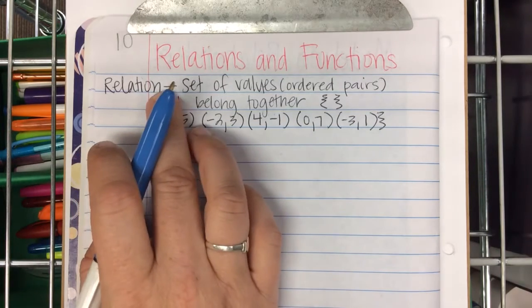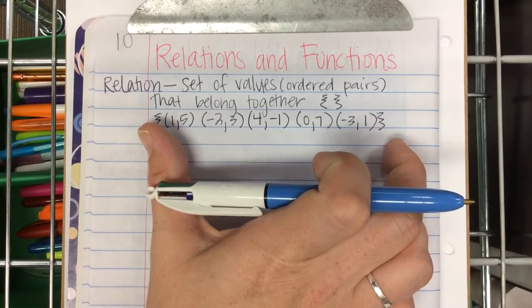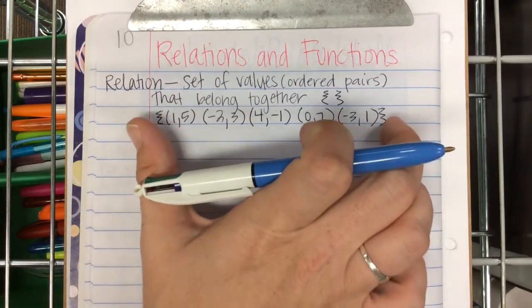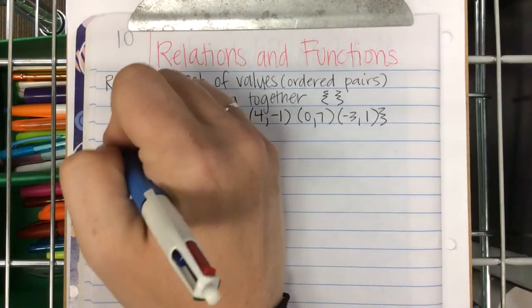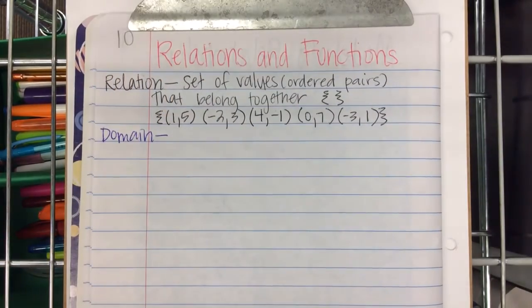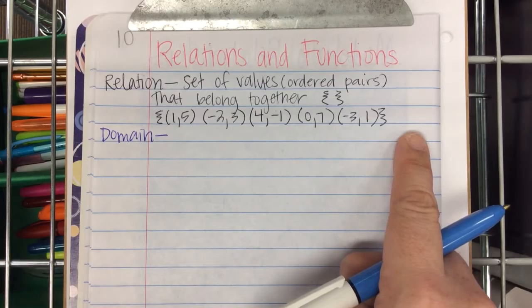So relation is a new vocabulary term, but it's still a concept that you already knew. You just have to assign the vocabulary term to this grouping. A new vocabulary term is the domain. Now, the vocabulary term domain is new, but the definition is not new.